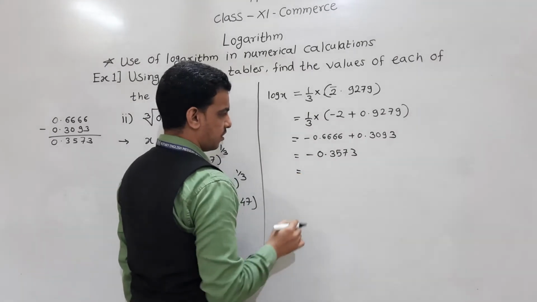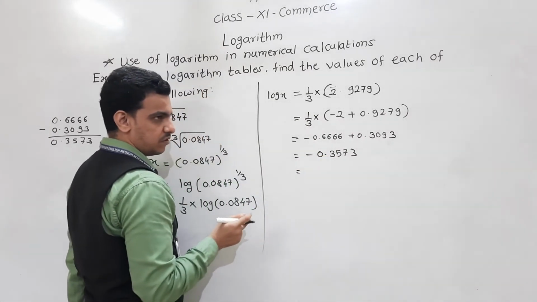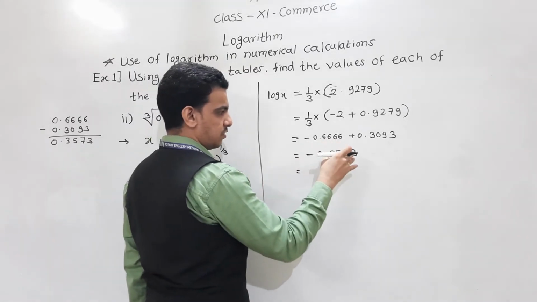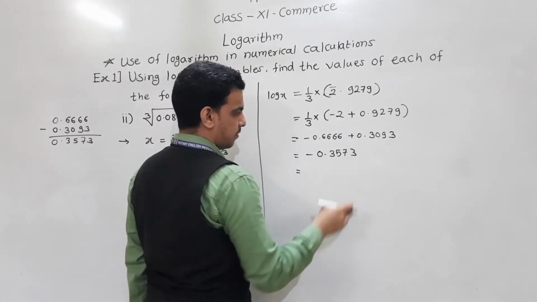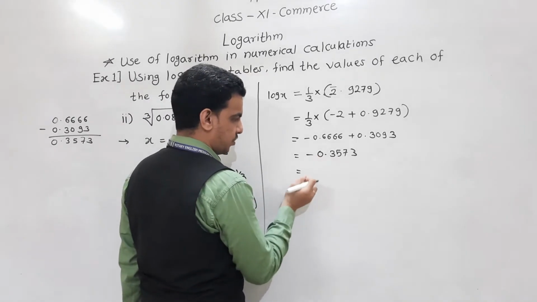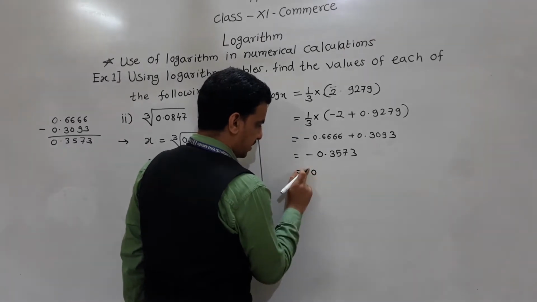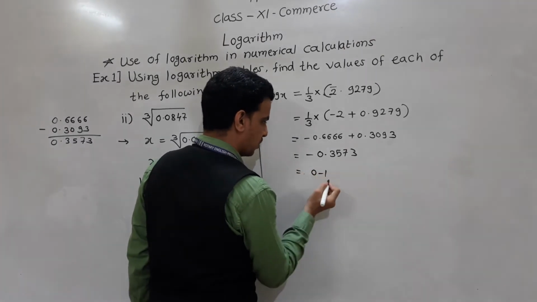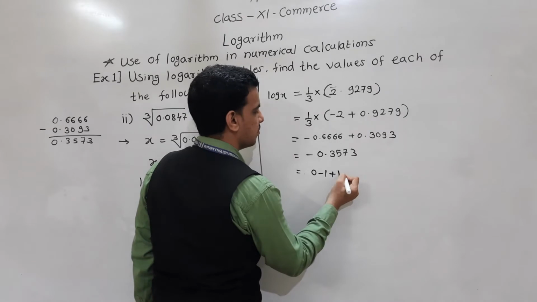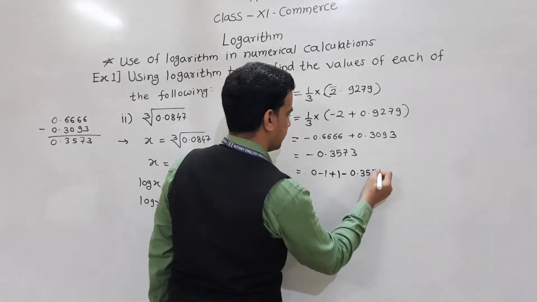Okay, now the number is negative, so first we have to make it positive. How do we make it positive? We add 1 to the decimal part, and subtract 1 from the integral part. So the integral part is 0, so minus 1 plus 1 minus 0.3573.